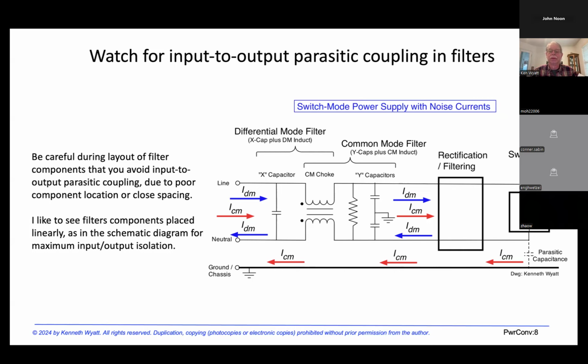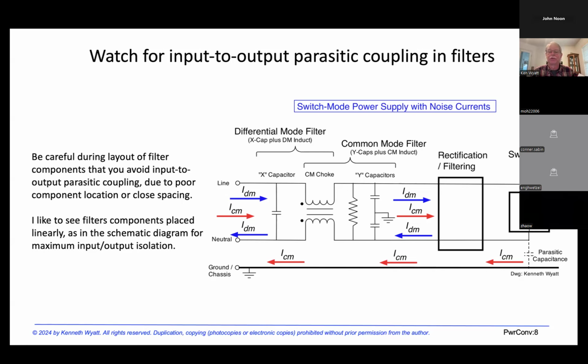And I've tried to group the components between the two. For example, the X capacitor there works with the differential mode inductance of that common mode choke, and then the common mode Y capacitors on the right side work with the common mode inductance to act as a filter. But we don't want to mix the input of the X capacitor with the Y capacitor side.